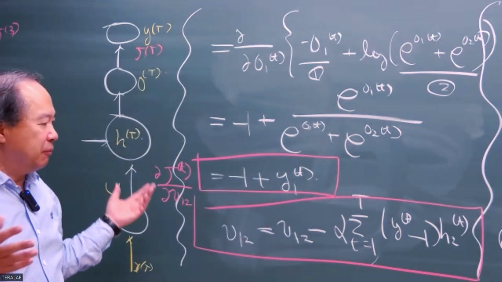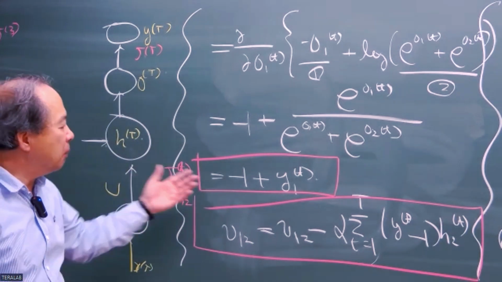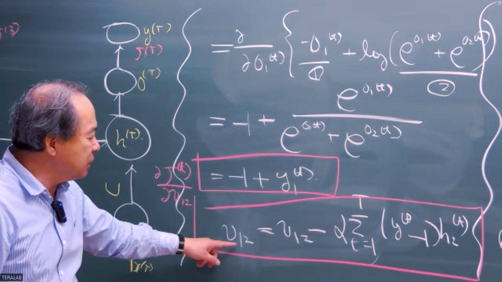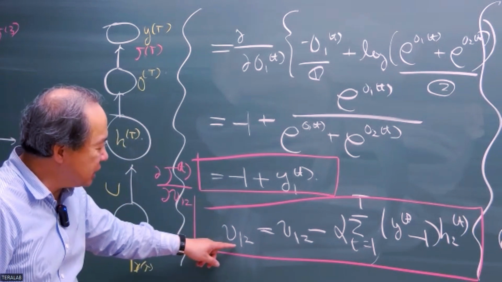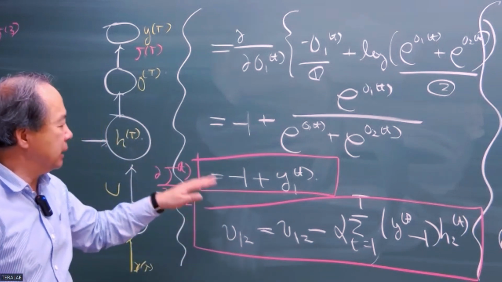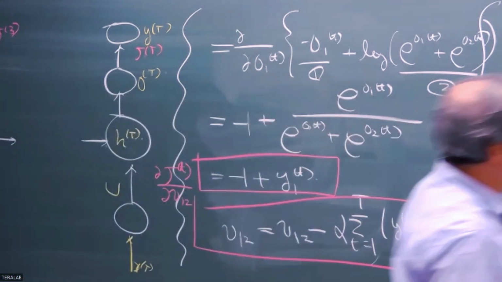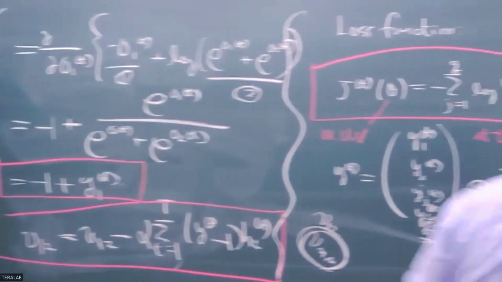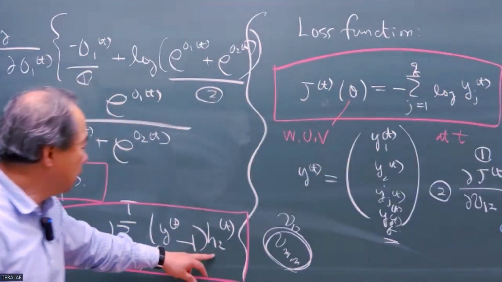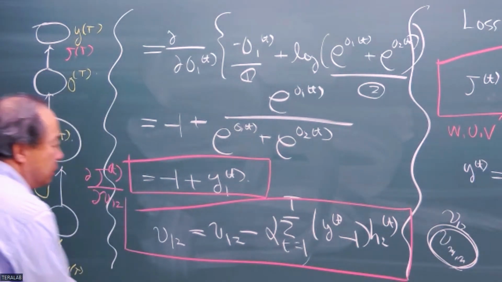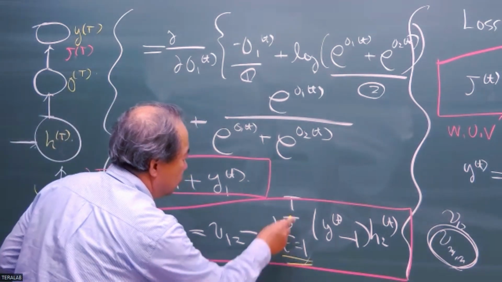So what we have to do is update V12, that is one element of the matrix, and we have to update using this equation. At the final stage here, the hidden state H shows up, and we have to make a summation from time step 1 to time step t.